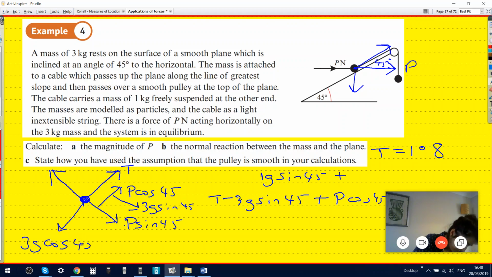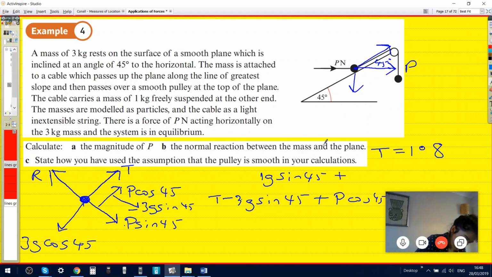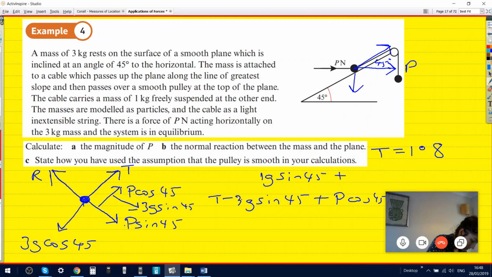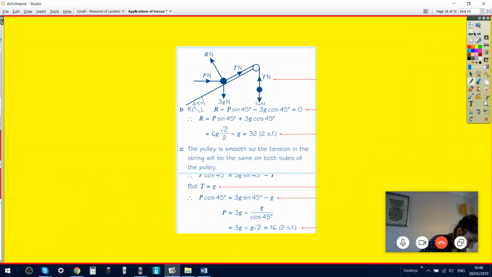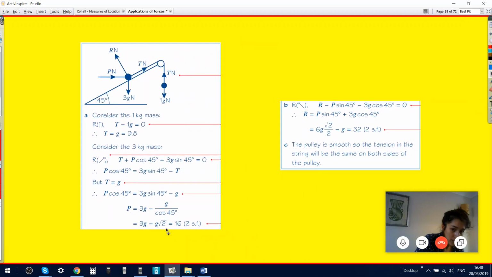You could cancel that out, but I just don't want to do anything just in case. Minus 9.8 divided by cos 45. P equals 15.5. They rounded it to 16? Yep.